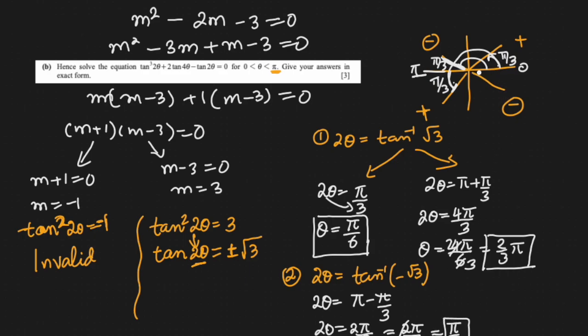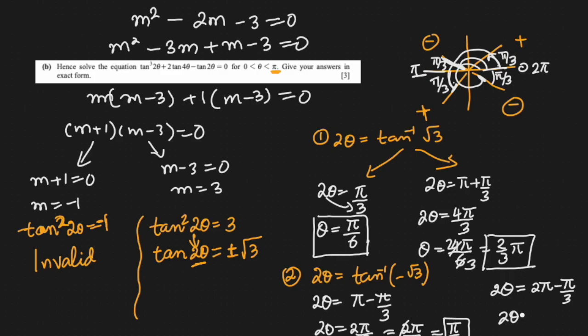Remaining fourth answer will be the angle which is up to here. This angle is also pi by 3. It is that angle pi by 3 is always with the horizontal line, never with vertical line, always with horizontal line. So it is 2 pi minus pi by 3. So the next answer will be 2 theta equal to 2 pi minus pi by 3.